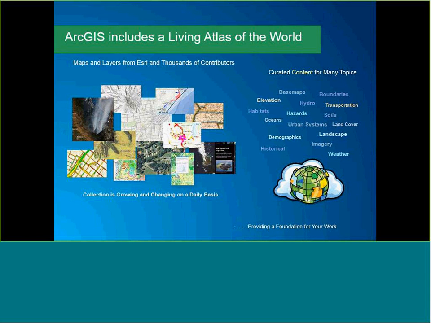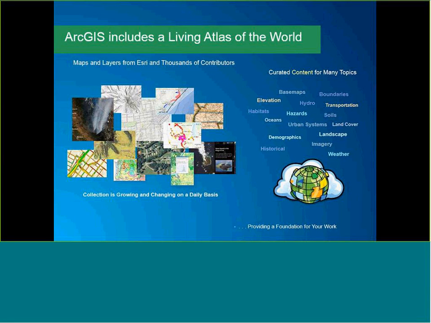It also means that the content available in the Living Atlas of the World is highly curated. We have gone through certain levels of checks in terms of metadata and provenance to ensure that it carries a high level of authority, really. So authoritative maps that you can rely on and access. And I'll demonstrate this as we go through the presentation.